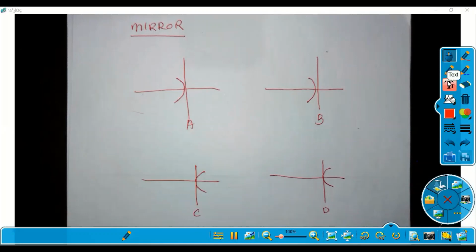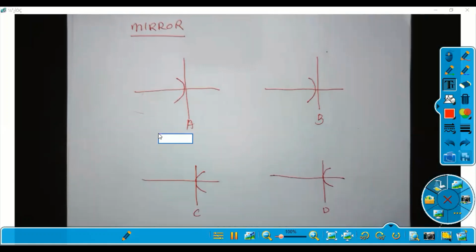If I say that this one is a concave mirror, then this one I can say is a convex mirror. And C can be concave, and D can be convex.